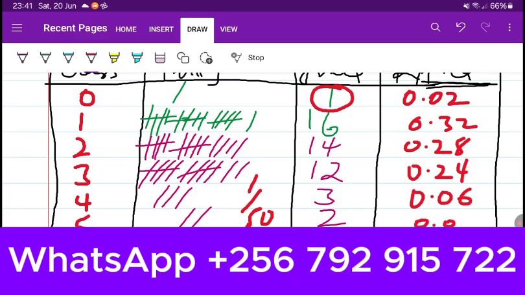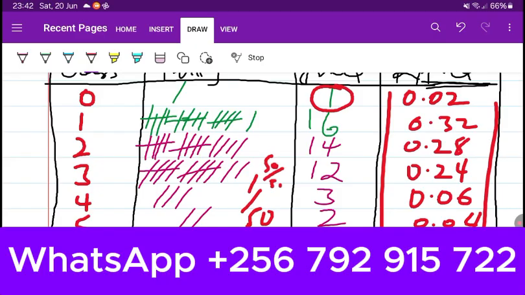This is 0.04. And even this one is 0.04. When you add all this, it has to give you a 1.00, because the last one has to be 50 over 50, which is a 1. That's why we are saying that the total has to be 1.